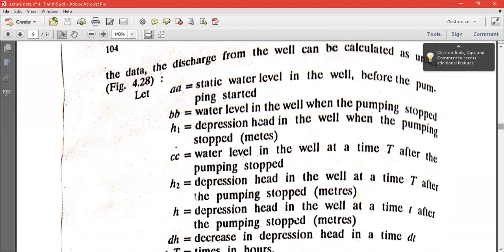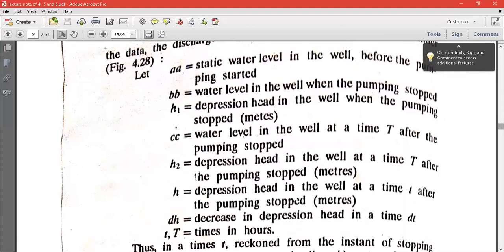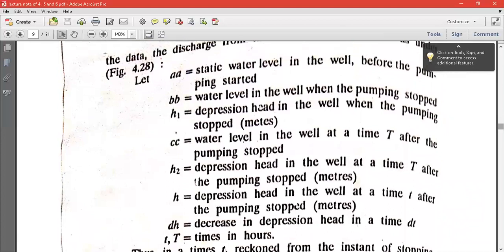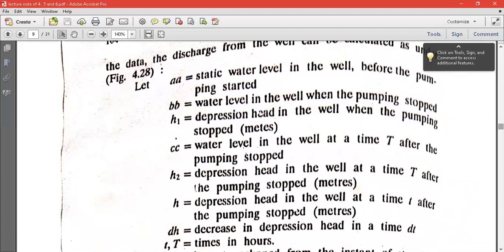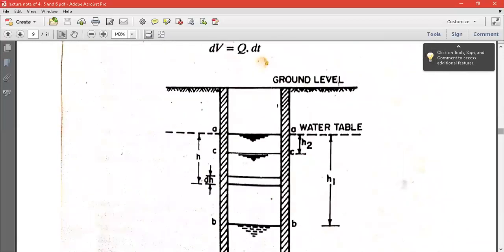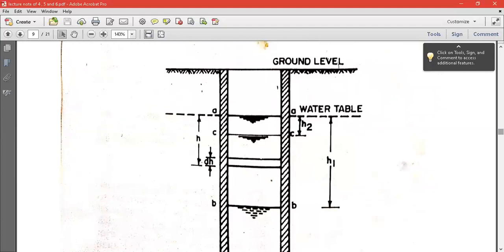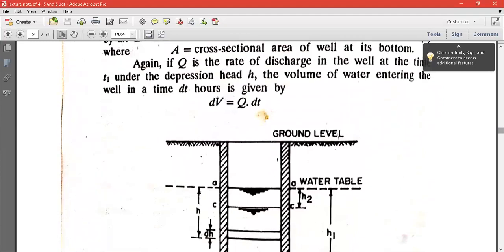Let me go to the figure, showing the AA level, that is the static water level in the well before the pumping started. So initially, before pumping, let us consider the water at the top level of the water table, that is the A level. After pumping, the water is extracted out, so the water level has been lowered and has reached, say, BB.